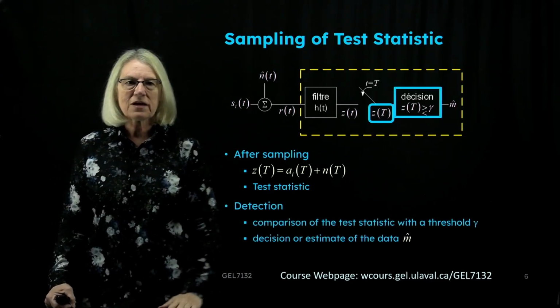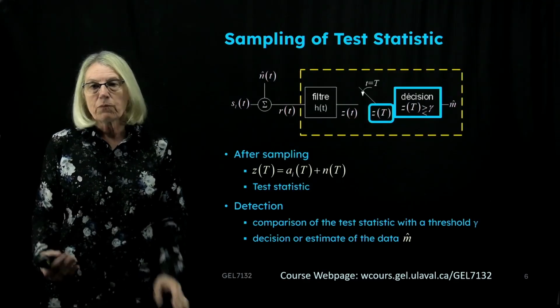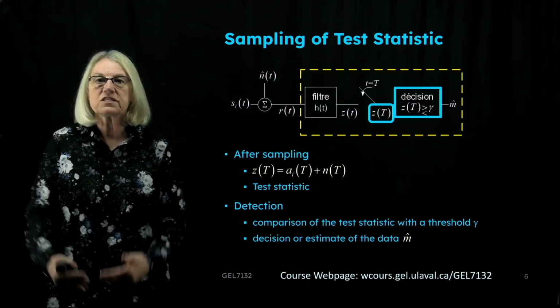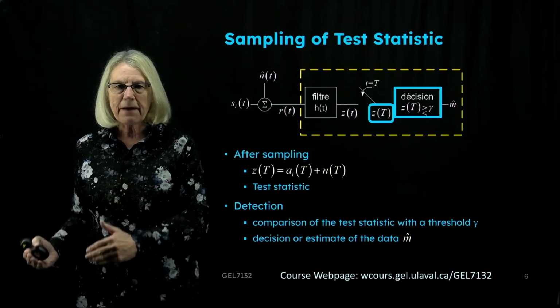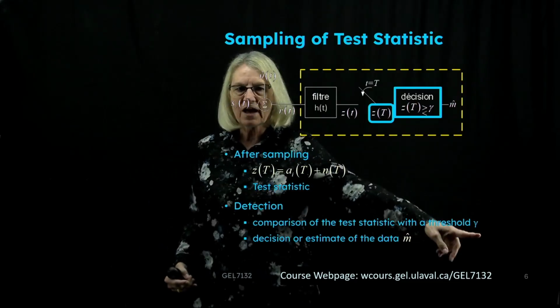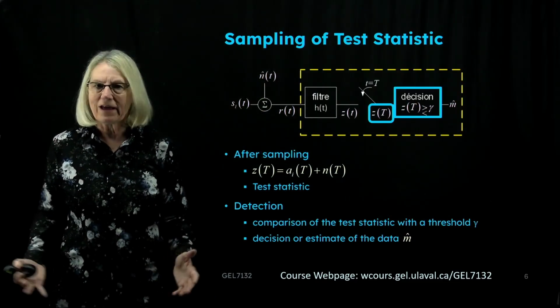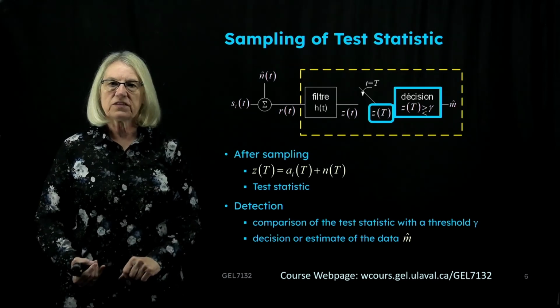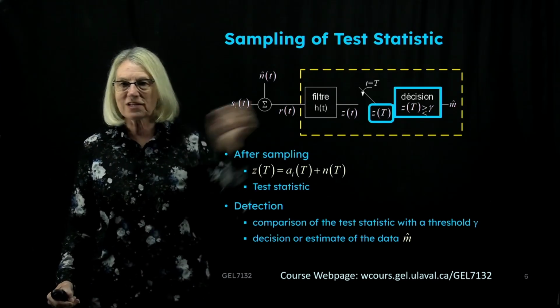And that comes to the last step that we see here, which is what we call the detection process or the decision process. And what we do is we compare the test statistic with a threshold. And here we've used the Greek letter gamma to represent the value that we're comparing it with. But basically, if this test statistic is bigger than this threshold, we're going to choose a logical 1.